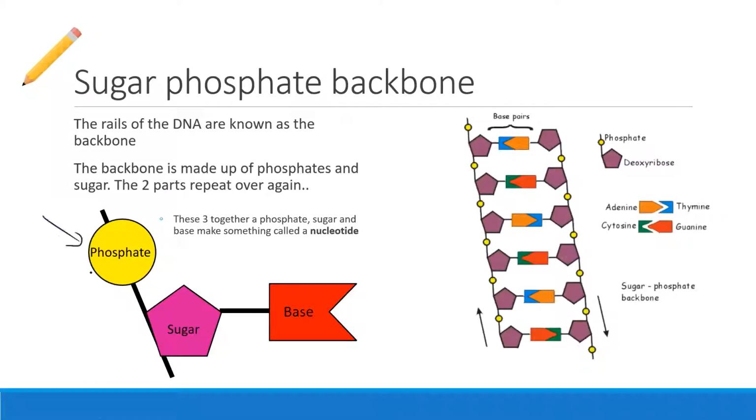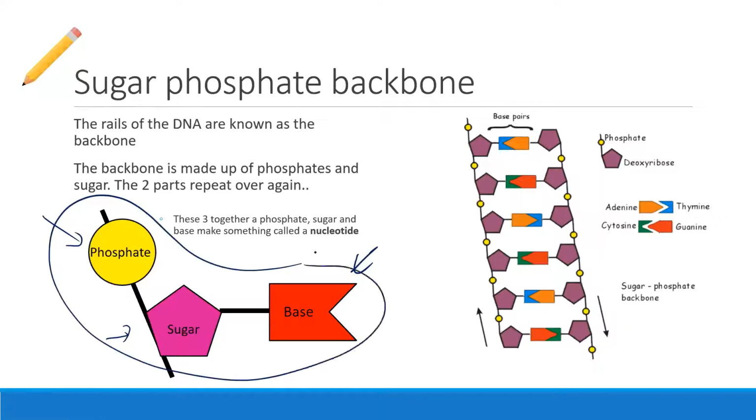These phosphates and sugars repeat over and over again, and then attached to the sugar is a base. We refer to this whole thing as a nucleotide.